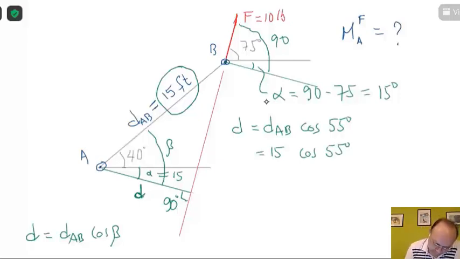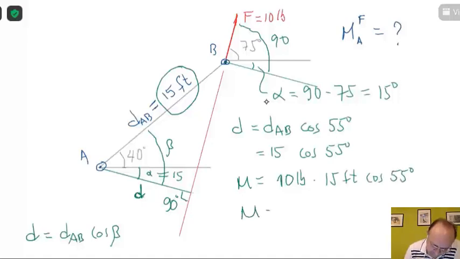So the moment will be equal to 10 pounds times 15 feet cosine of 55 degrees. So this moment will be equal to 86 pound-foot.